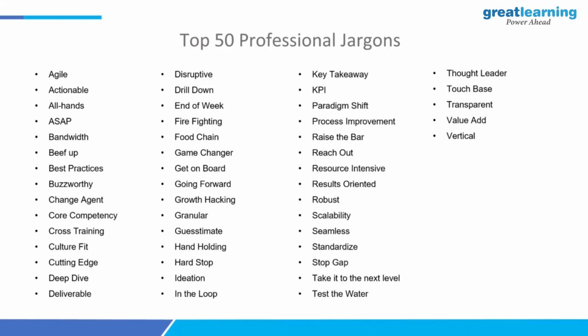Seamless refers to something that has been executed smoothly and without any awkward transition. Standardize. Standardization is the process by which a company makes its methods, especially its production processes, uniform throughout its organization. Stopgap. A temporary measure or short-term fix that is used until something better can be obtained.